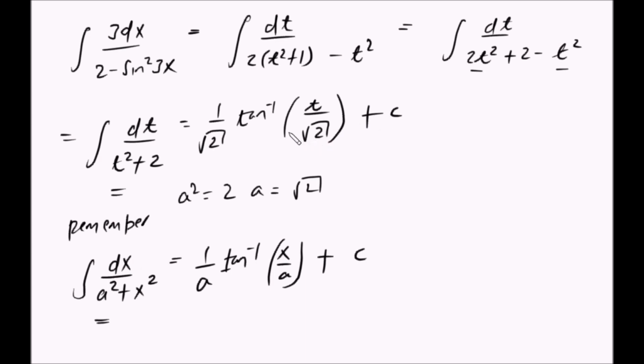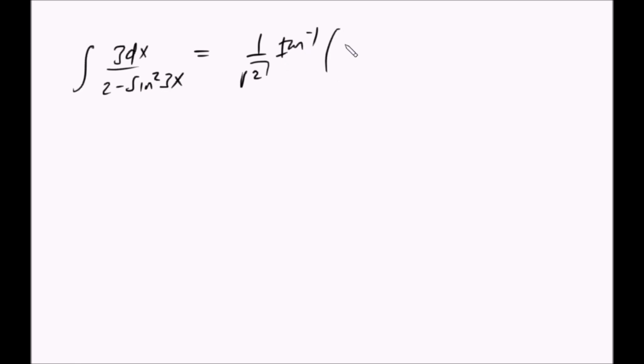So it means if you integrate this, the answer becomes 1 over the square root of 2 tan inverse t over the square root of 2 plus c. But we said t is what? Tan 3x.